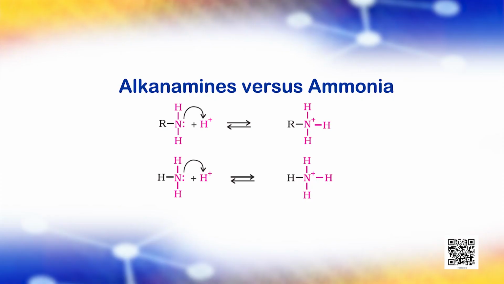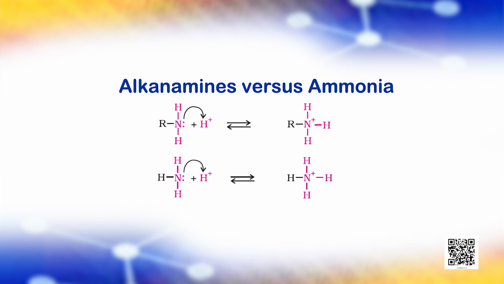Let us consider the reaction of an alkane amine and ammonia with a proton to compare their basicity. Due to the electron releasing nature of the alkyl group, it pushes electrons towards nitrogen and thus makes the unshared electron pair more available for sharing with the proton of the acid.